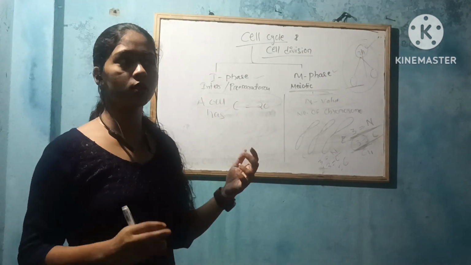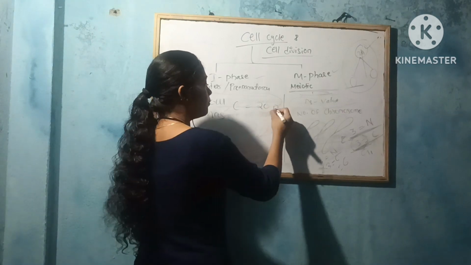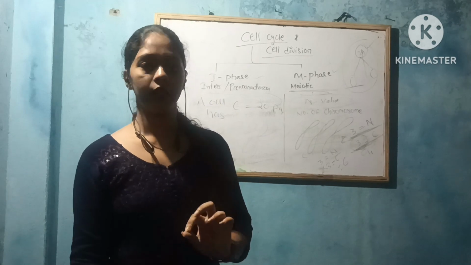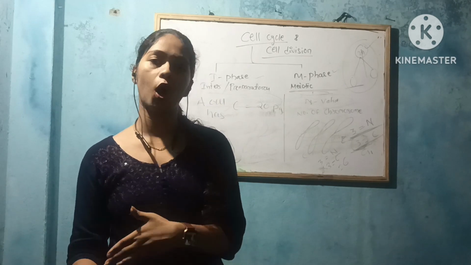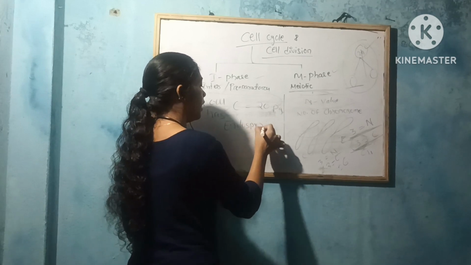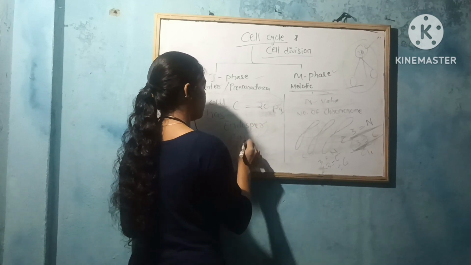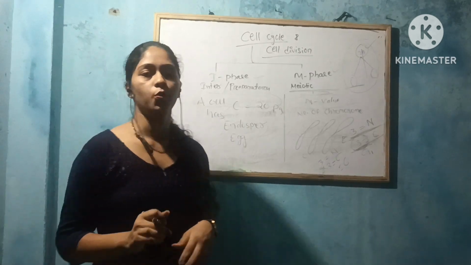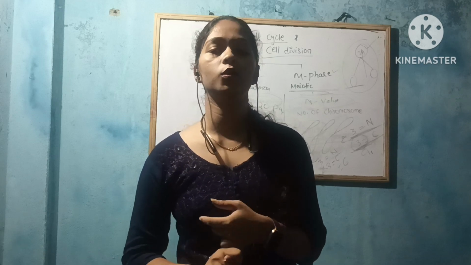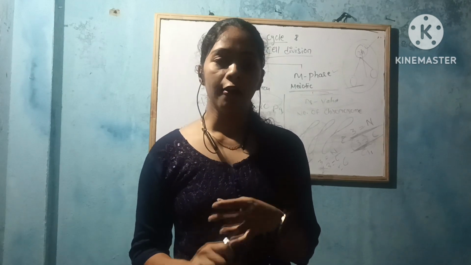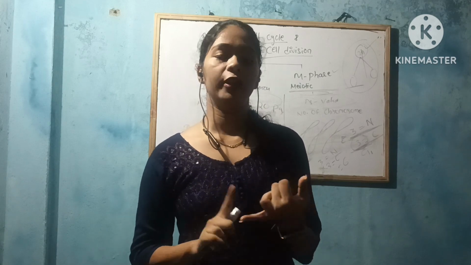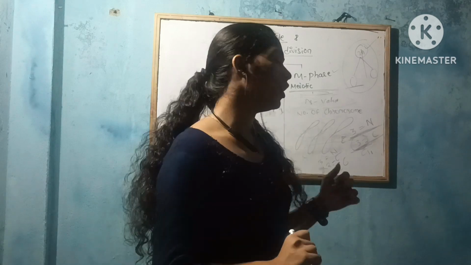Basically the C value's measuring unit is picogram, PG. So the C value is 20 picogram. Then find out the C value of endosperm and egg.